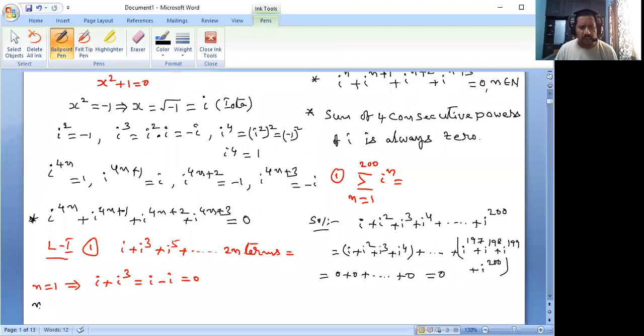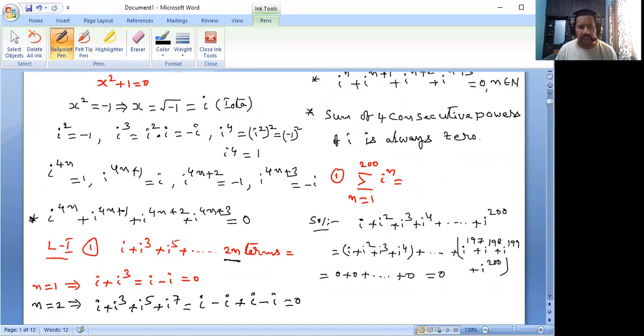But suppose you are getting doubt. Take n is equal to 2. N is equal to 2 means how many terms do we take? 2 into 2, 4 terms. What are they? i plus i cube, i power 5, i power 7. i means i only. i cube means minus i. i power 5, that is i power 4 into i, so you will get i. i power 7 is minus i.